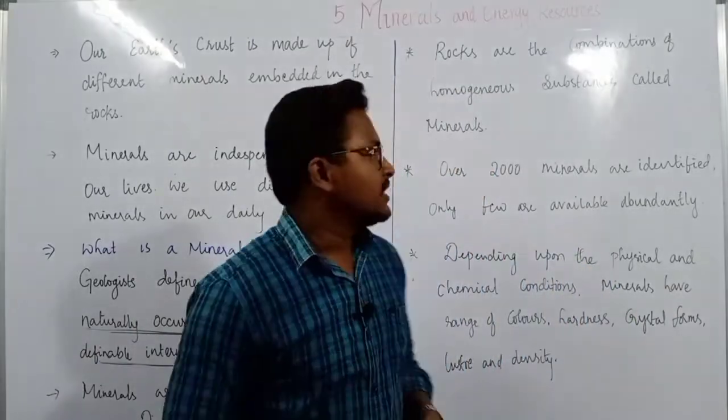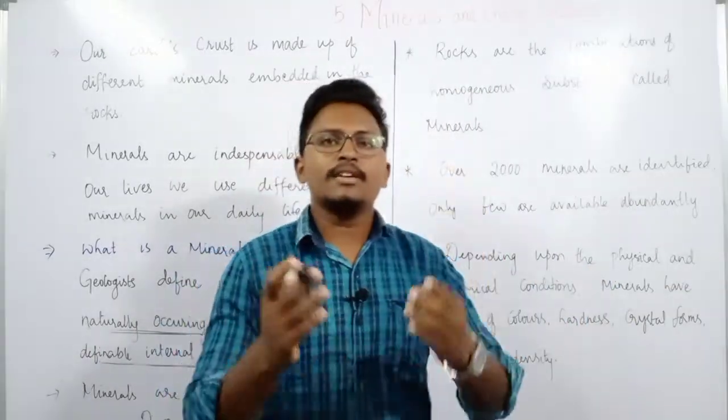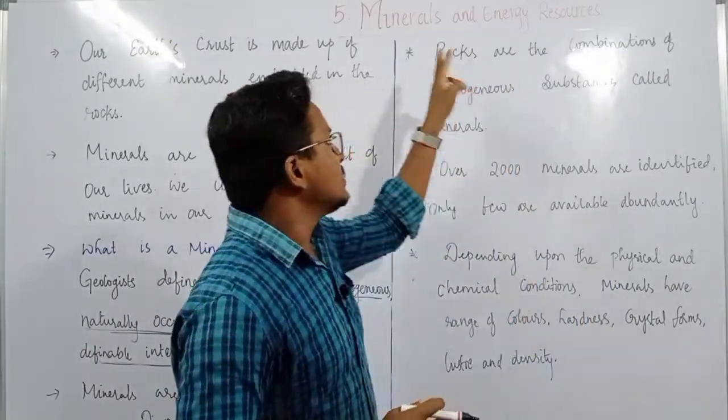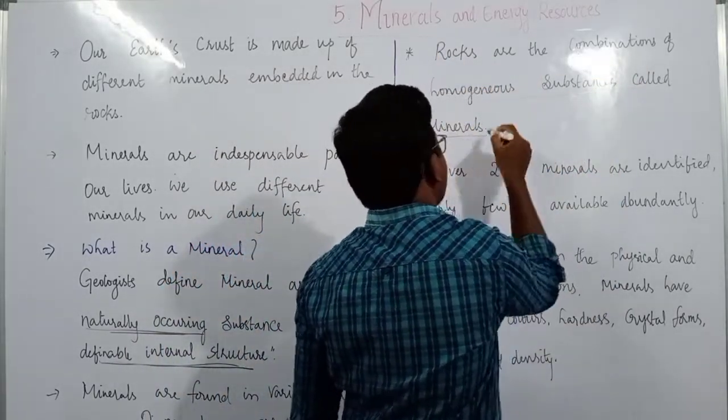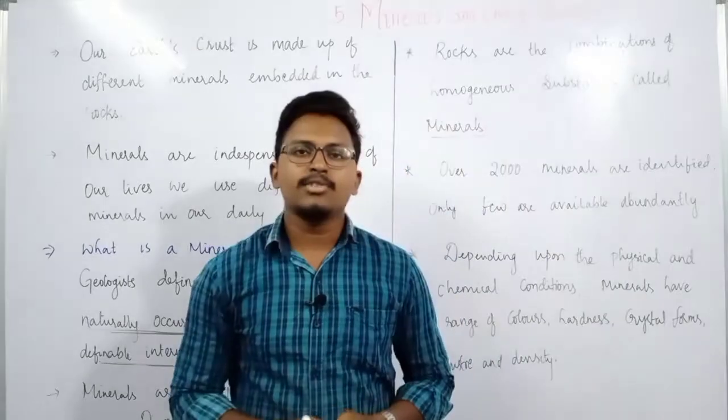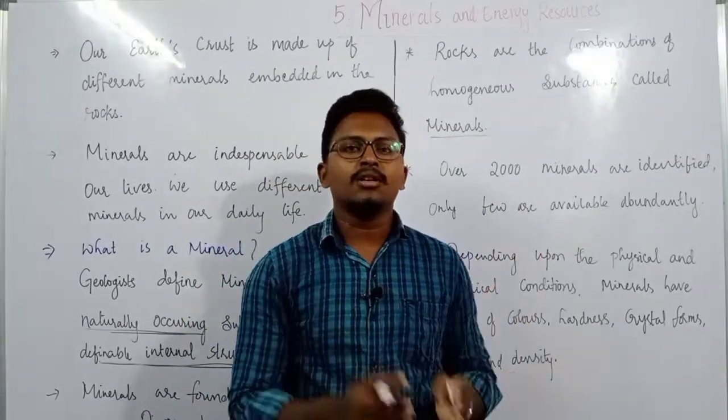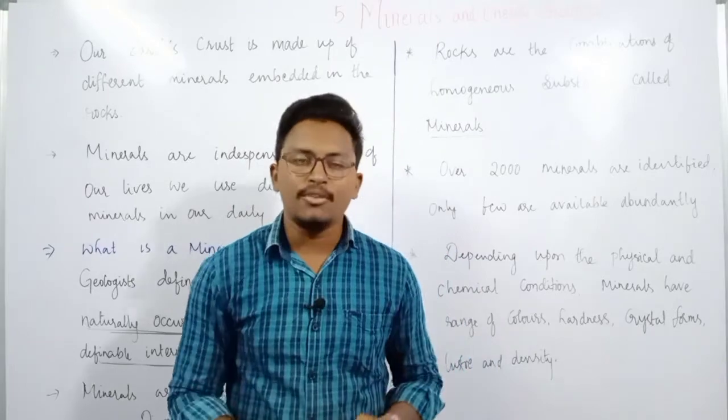Then the next thing is that, as you all know, we can find different rocks. These rocks are actually a combination of homogeneous substances called minerals. Sometimes you might have heard the definition of rock: rocks are a combination of minerals.